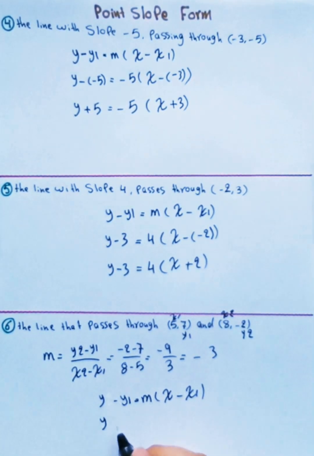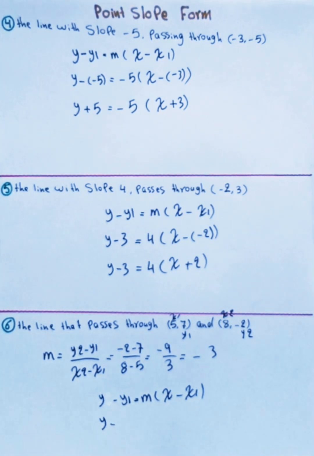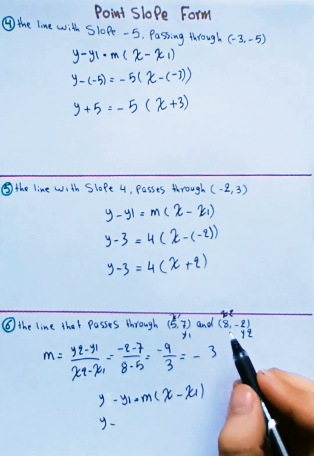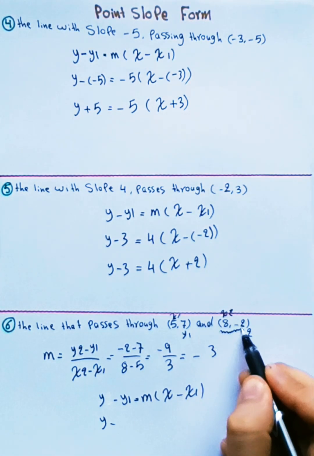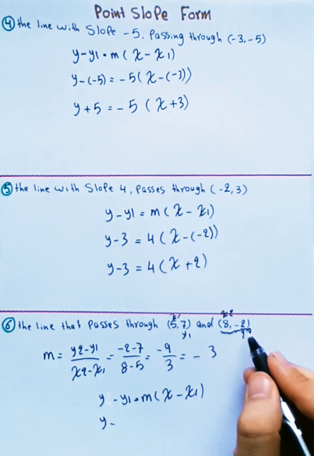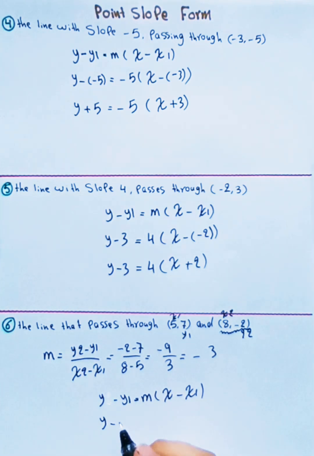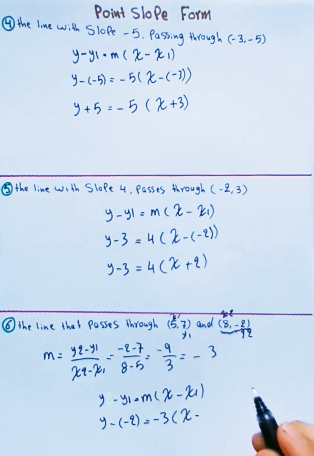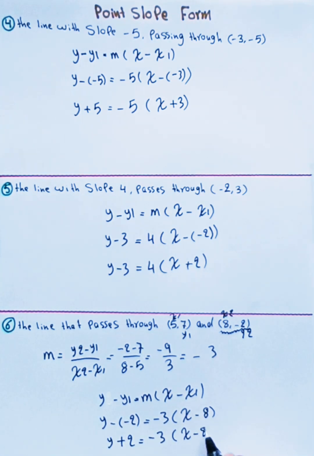So we can use the second ordered pair, this one, y1 is -2, equal to m is -3, times x minus x1, which is 8. So y minus negative, minus times minus plus 2 equal to -3 times x minus 8.